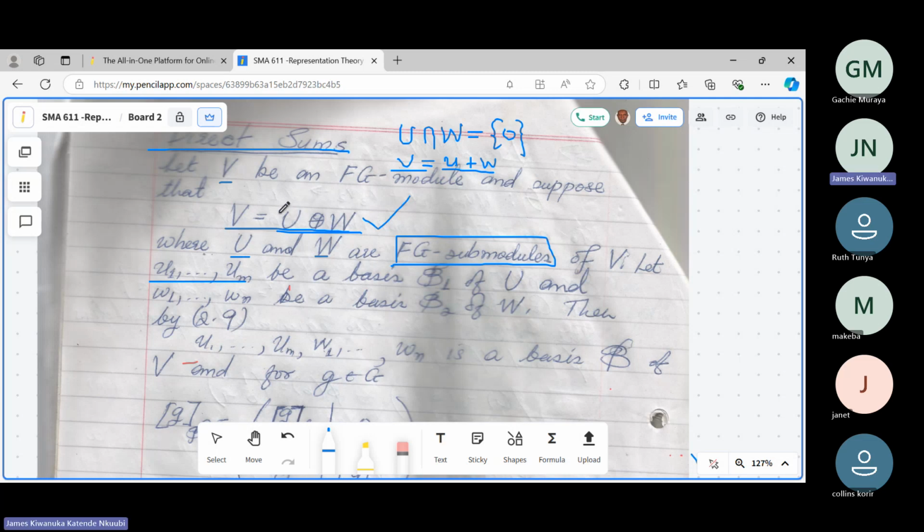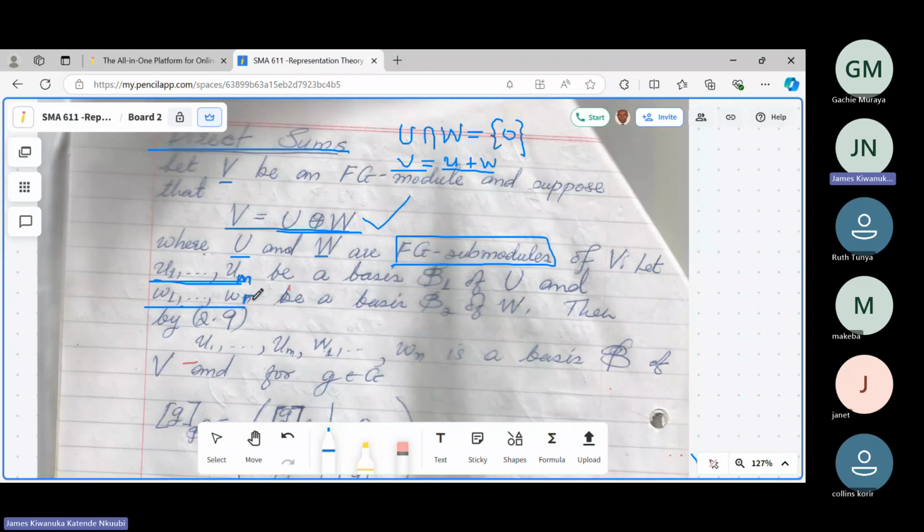If you take U as a subspace on its own, it will have a basis. Take W as a subspace on its own, it will have a basis as well. So for U, we have u1 up to um, and then w1 to wn.